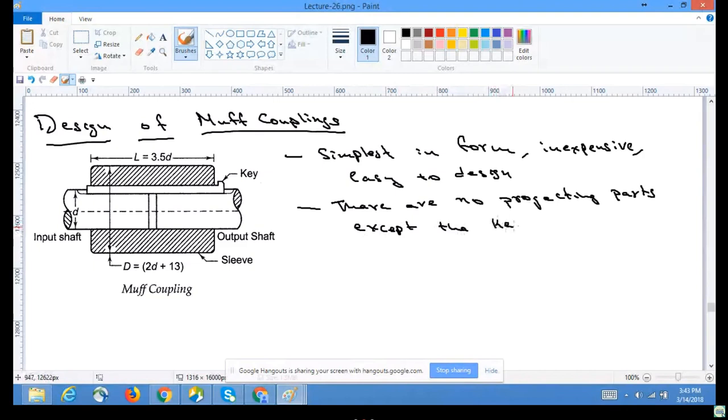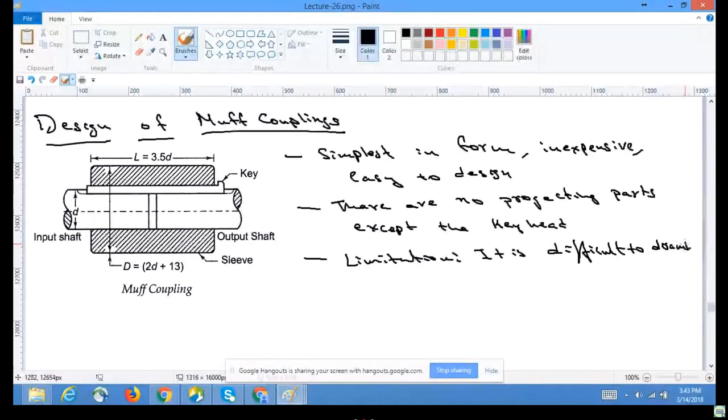The limitation is that it is difficult to disassemble, and it requires more length extent in the transverse direction.